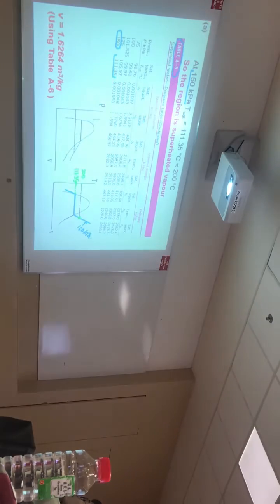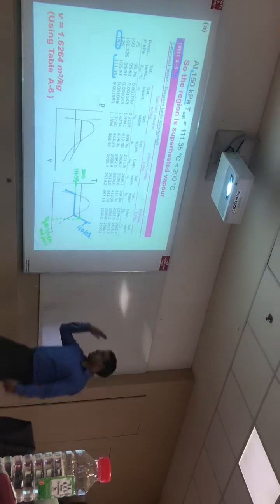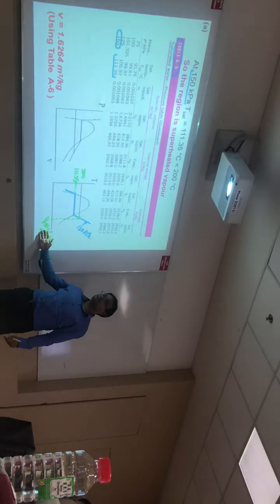So this one, take a look, I have to find this value, vg, with respect to 150 kilopascal and 200 degrees Celsius. I am going to find this. I need this. Okay?